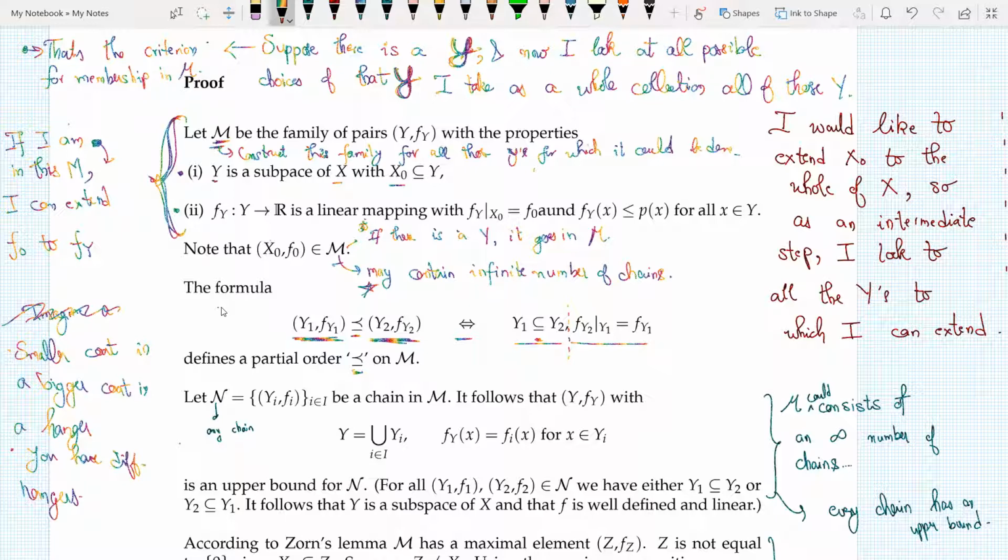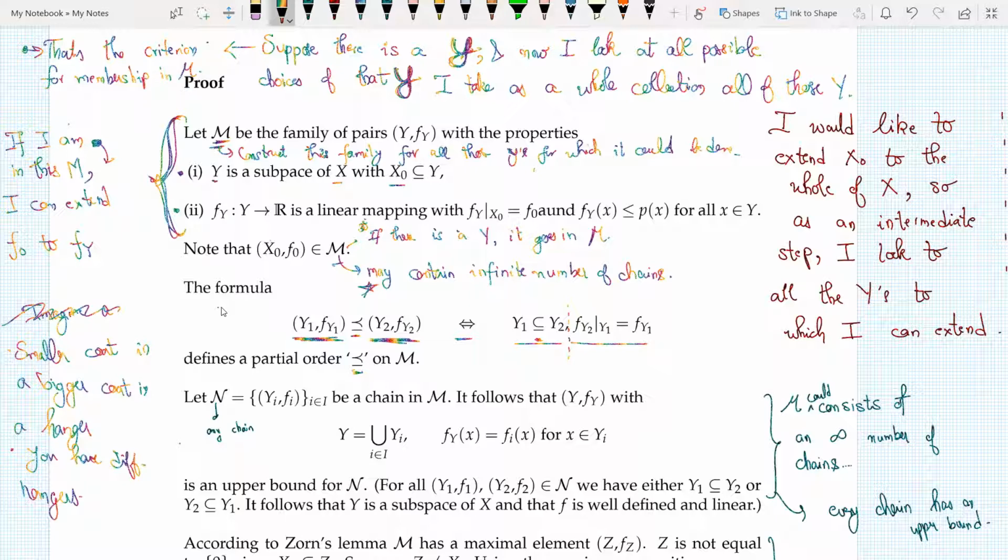I don't know if there is a Y or not, but at least I know that this family is not empty and that the relation is satisfied for (X naught, f naught). And I am constructing this capital Y in the hope that there exist small y's to which I can extend.